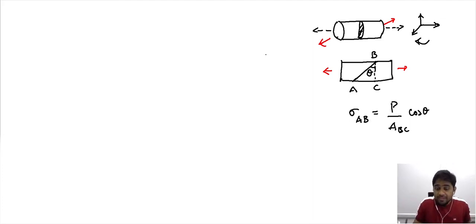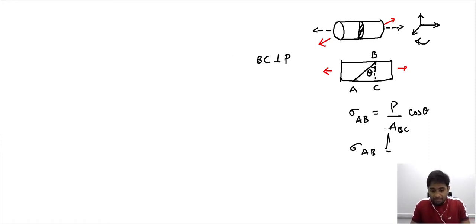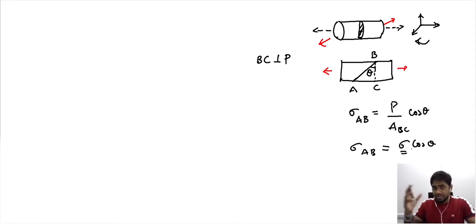The reason we want to describe everything in terms of BC is because it is perpendicular to the loading direction P. So it means this is the stress that we have been considering in the test case, the straightforward cases or the experimental conditions. That's the reason we are able to replace it with this without any subscript associated with it.